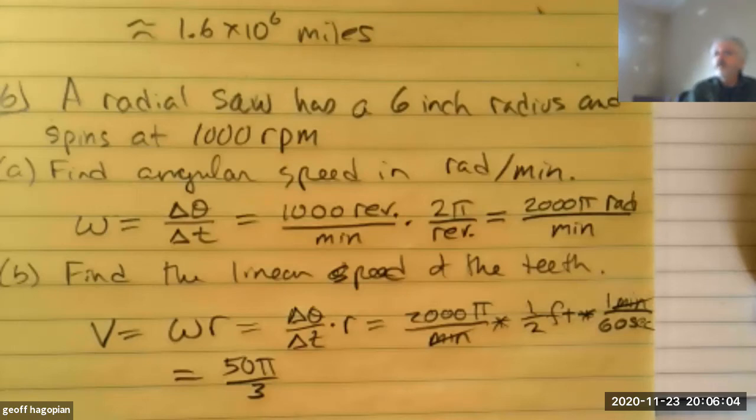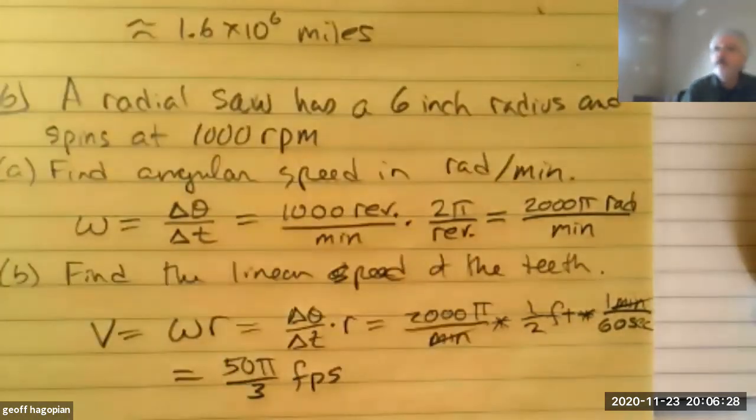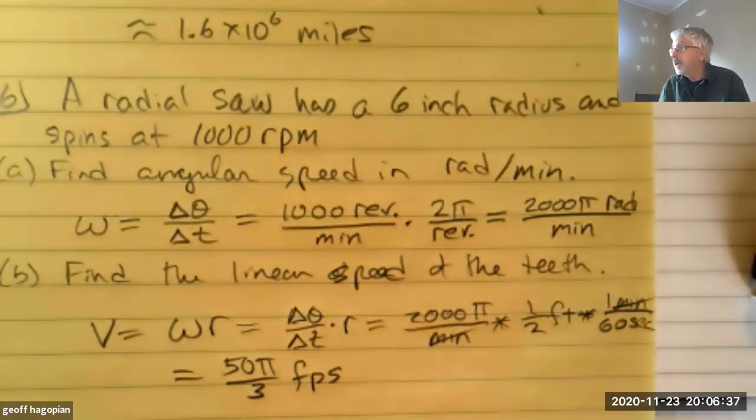Let's reduce by a factor of 10: 1/10 of 1,000 is 100. Then I reduced by a factor of 2, half of 100 is 50. And then I still have the 3, right? And these are feet per second, sometimes abbreviated FPS. I suppose you could approximate that, but let's not. I want to get on to other things. Any questions about that before we leave it? Is that good?